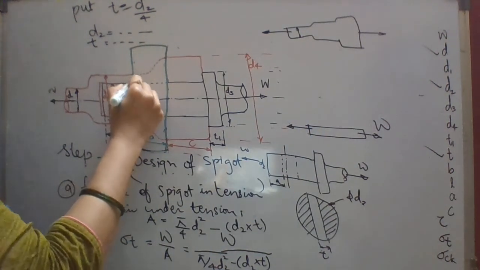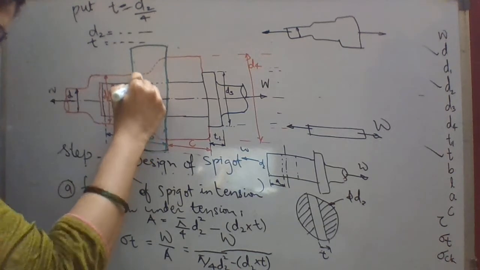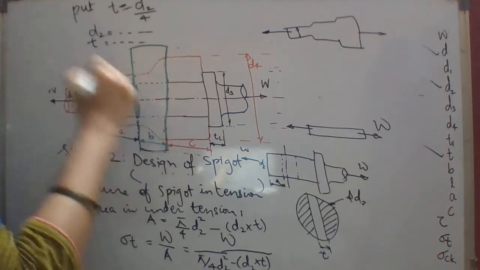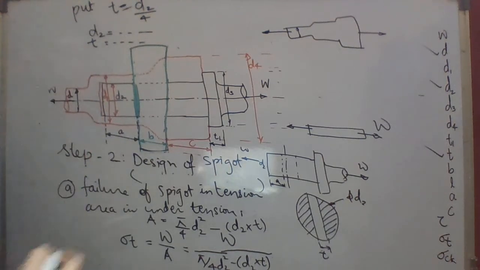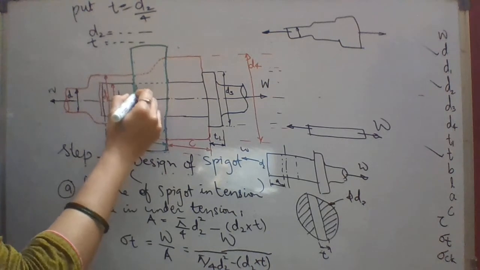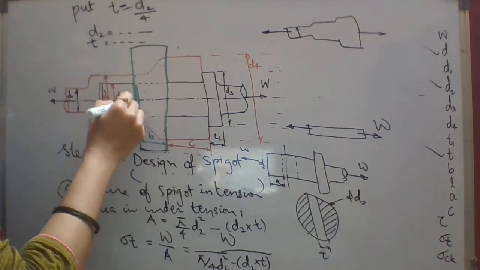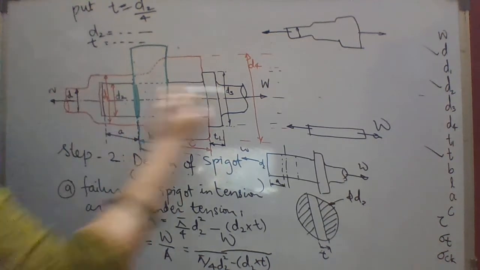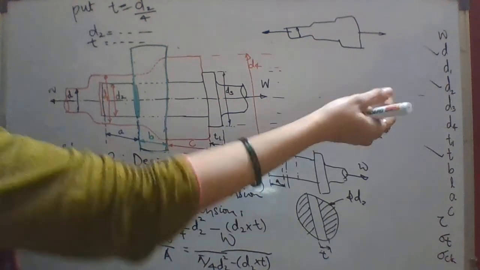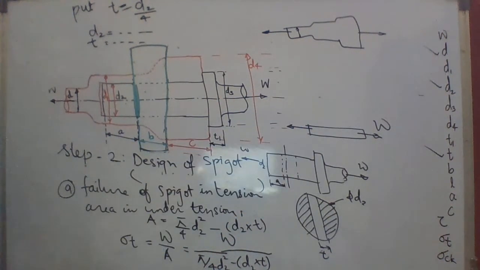Concentrate on this line which I am making bold. This line is press fit. It is the contacting plane of the cotter as well as the spigot. Because for the spigot, this load is mainly pulling it to that side.